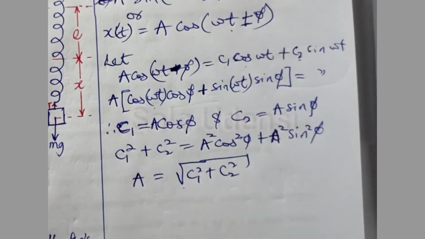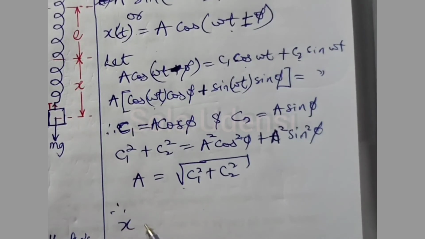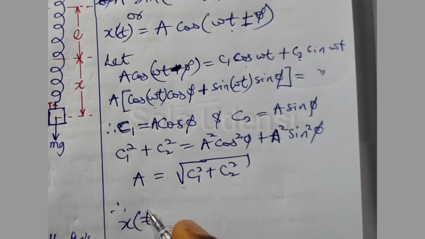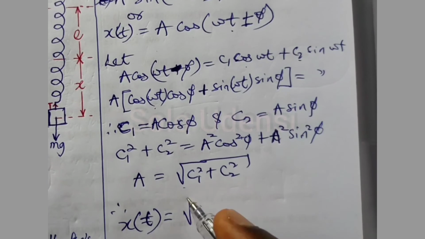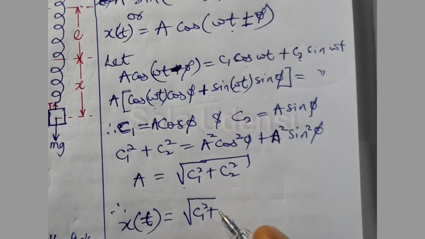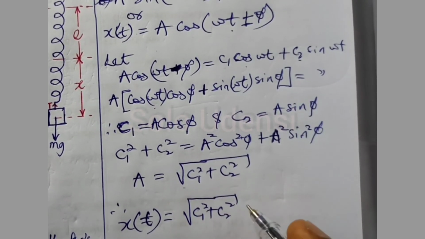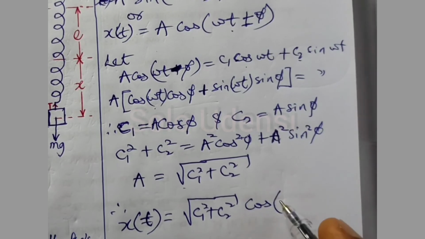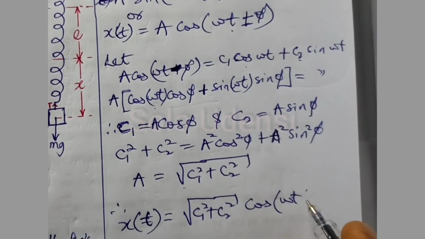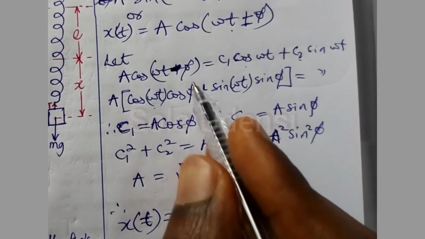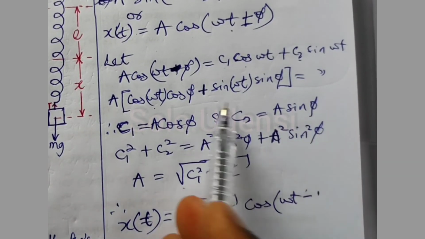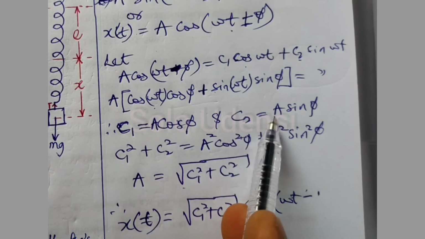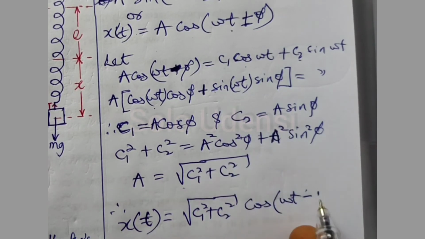Then that equation will be x of t is equal to square root of c1 squared plus c2 squared cos omega t minus phi, since we used minus to obtain this. Even if we use plus in this one, it will be minus. When you square it, it will still be plus.